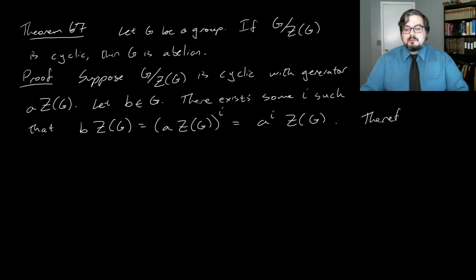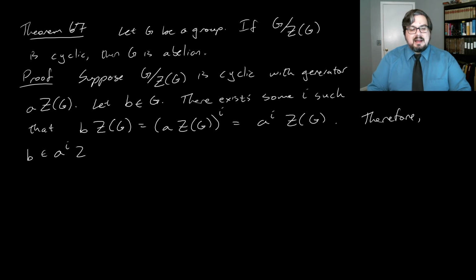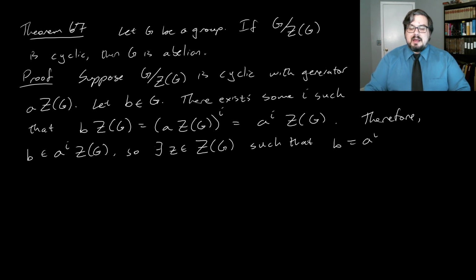Therefore, this means that b belongs to a^i Z(G). So there exists some little z inside Z(G) such that b is equal to a^i times z.